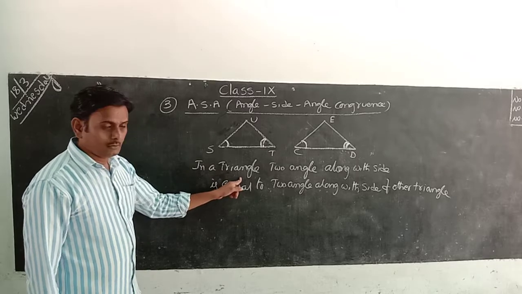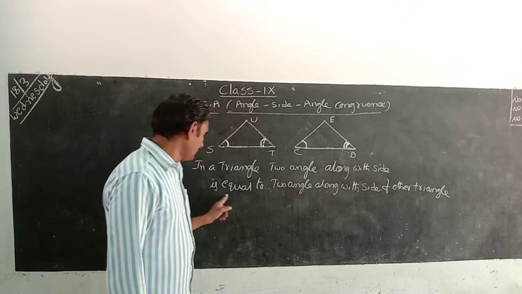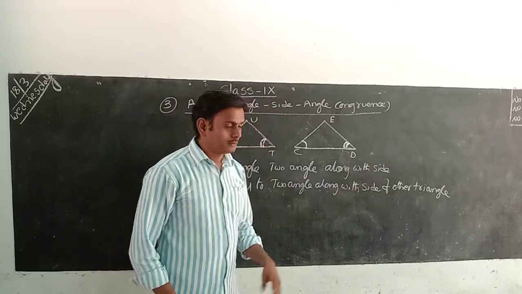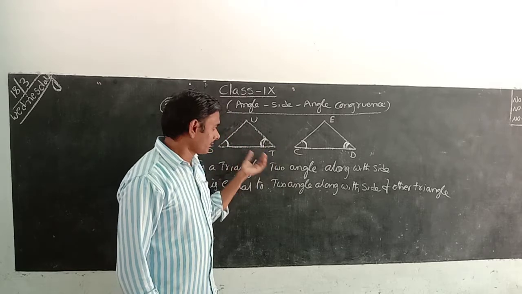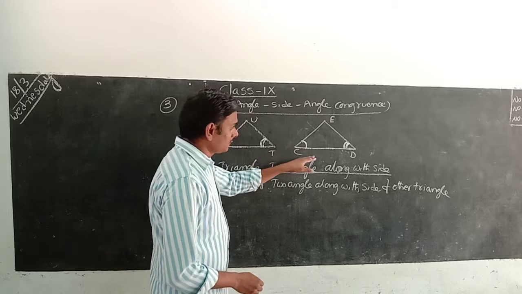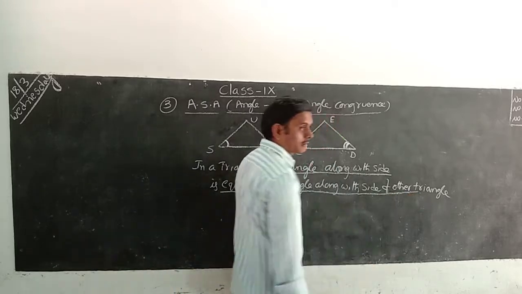In a triangle, two angles along with the side is equal to two angles along with the side of another triangle. Remember, one triangle: two angles along with the side is equal to two angles along with the side of another triangle.